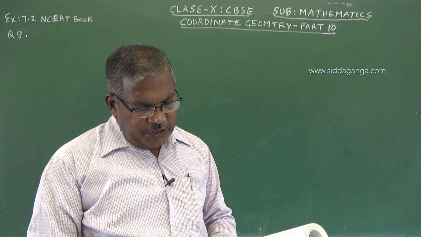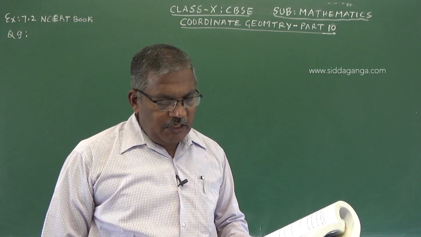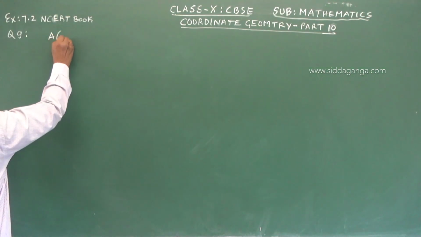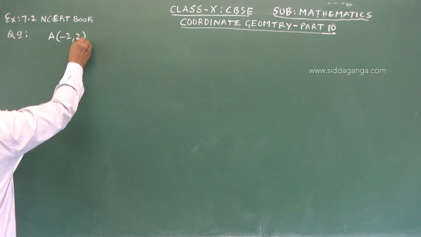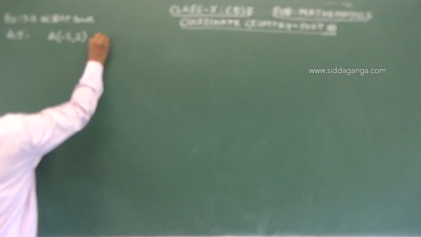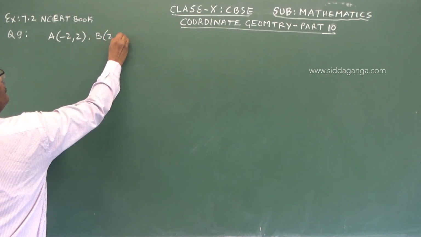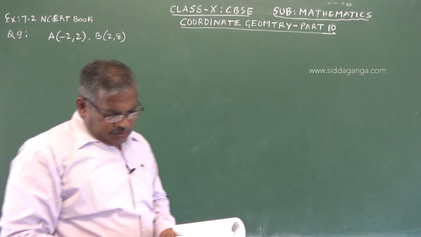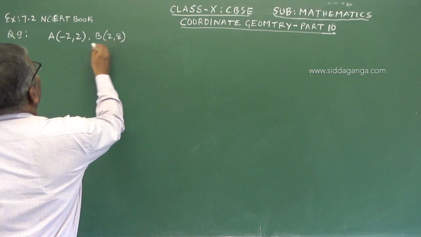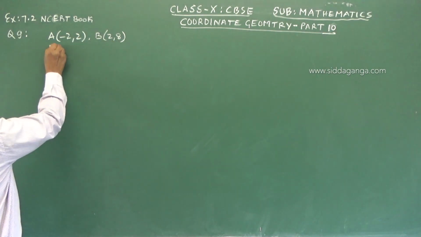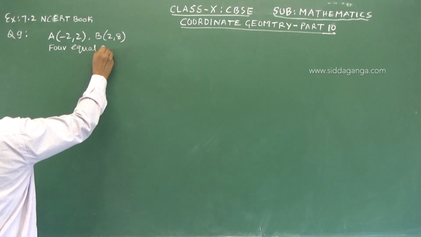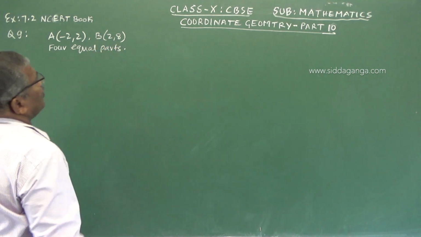Find the coordinates of points which divide the line joining points A (-2, 2) and B (2, 8) into 4 equal parts.